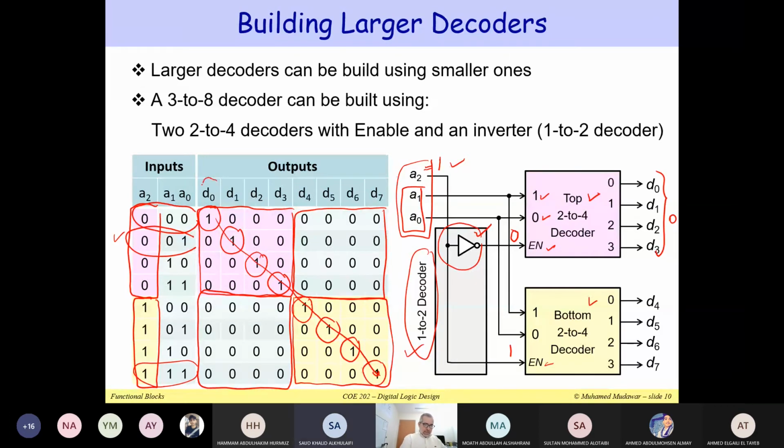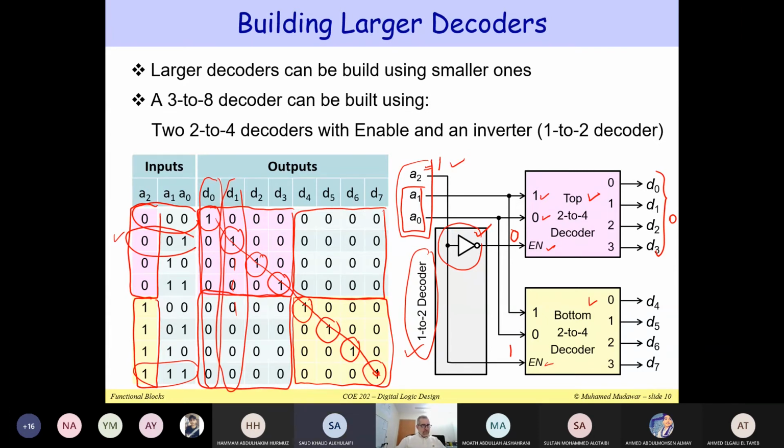It does not make sense because if you put the ones one after the other, it will be the ones actually for the same output. This is D0. This is D1.